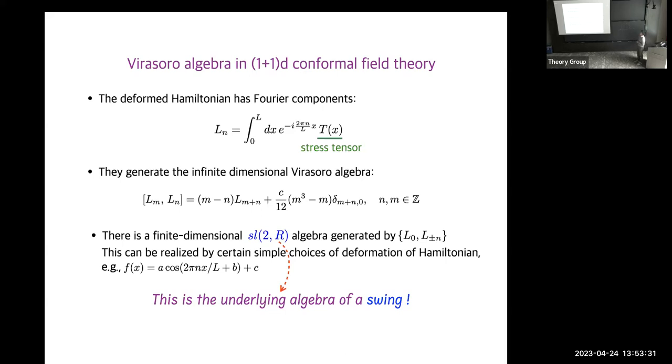So maybe L0. I think it's not shift L0 because if you put Ln and L minus n here, this term doesn't vanish, right? You get L0 on the right side. Can you do that? You can't remove the central term with a shift. Sorry. No, you might be able to remove it if you delete all the other charges other than L plus minus n. But isn't the problem that L plus n commuted with L minus n will always give you the central term?